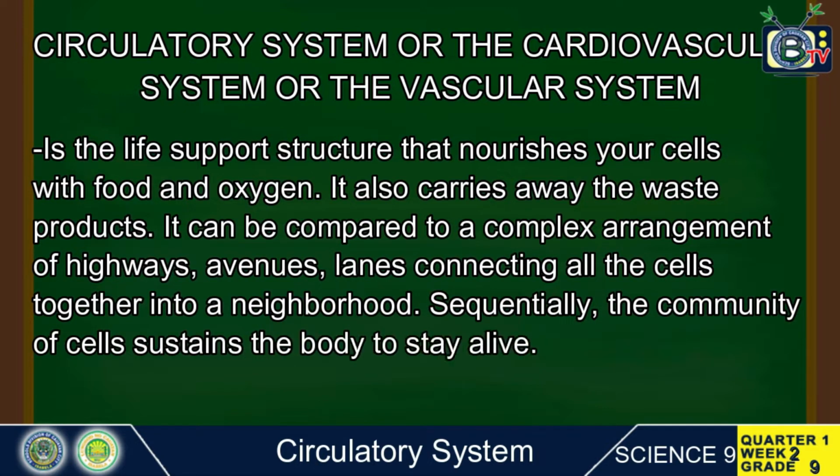The circulatory system can be compared to a complex arrangement of highways, avenues, and lanes connecting all the cells together into a neighborhood. In turn, the community of cells sustains the body to stay alive.